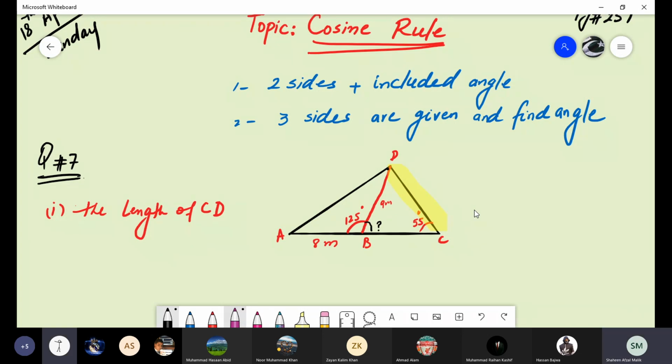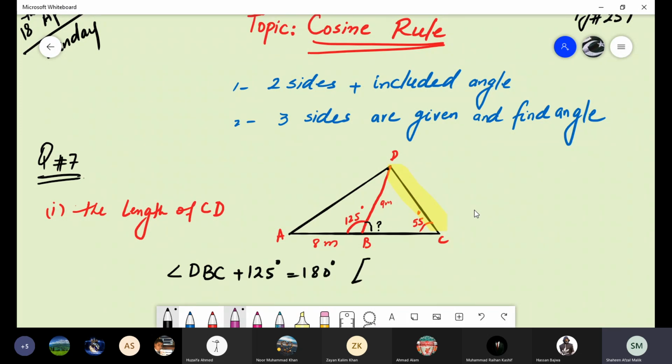Yes, ma'am. How? Ma'am, we will subtract 125 from 180. Yes, sum of angles on a straight line. We can say that angle DBC plus 125 degrees is equal to 180 degrees.